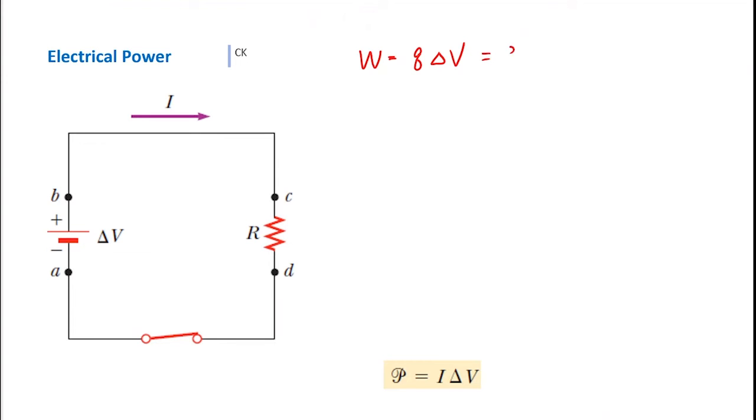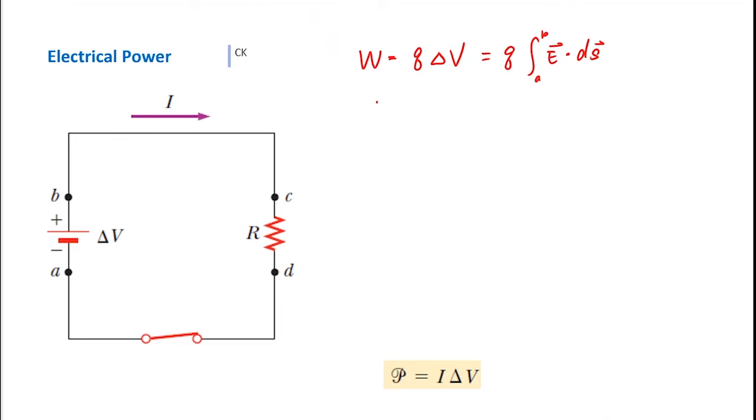This is Q times the integral of E dot ds, and this is what we call potential difference. That's what work, also known as energy, is. Let's not call it E because there's the electric field E. So work, energy, potential energy, whatever.